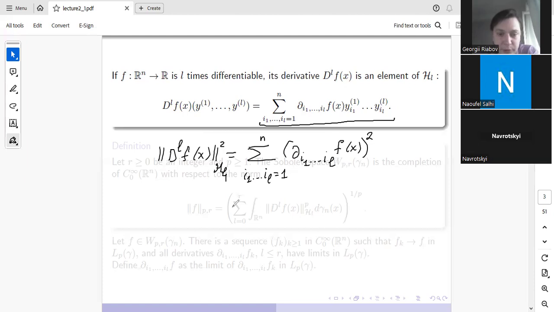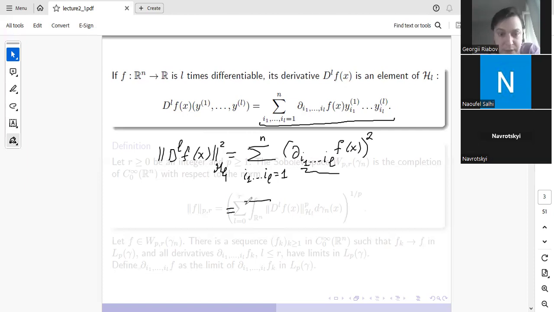Actually, I will use a bit different representation, since we can permute these indices, and this will not affect the value of the derivative.